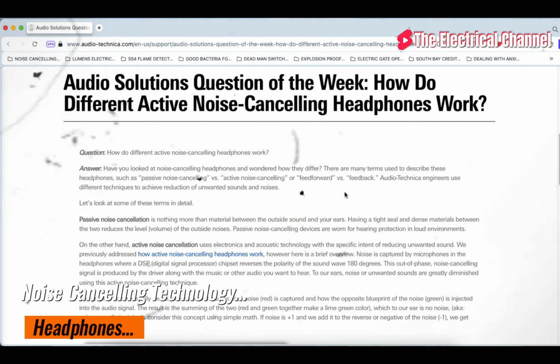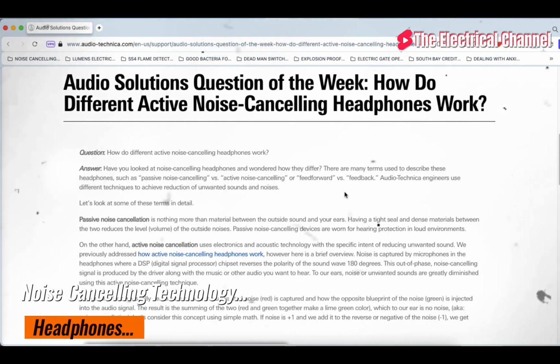So the audio solution question of the week is, how do different active noise canceling headphones work? The answer is, have you looked at noise canceling headphones and wondered, how do they differ?